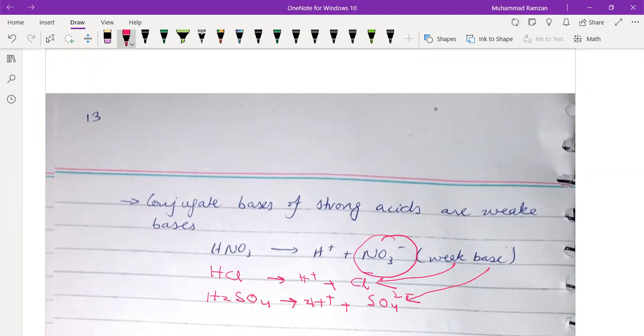So this is another piece of information. The negative ions which are dissociated from strong acids are conjugate bases, and they are weak bases basically.